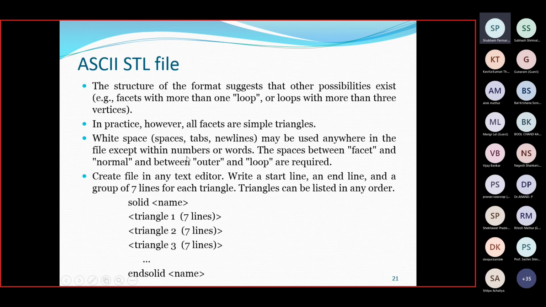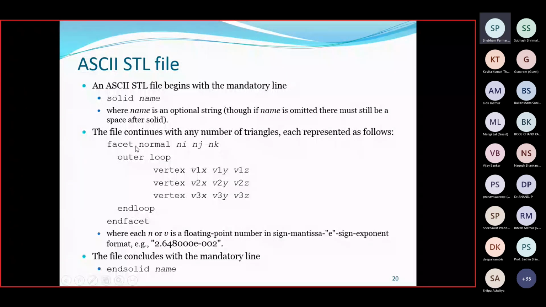The space between facet and normal, and between outer and loop, is required. Always remember this. Don't think that endloop is like end loop with a space; it should be with no space. So remember.